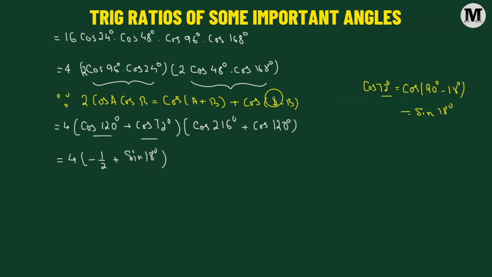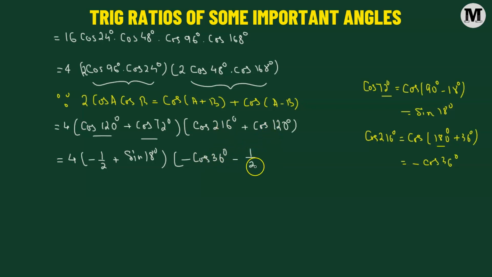Then we have cosine of 216 degrees, which is cosine of 180 degrees plus 36 degrees. Cosine of 180 plus theta corresponds to negative cosine theta, so we have negative cosine 36 degrees in place of cosine 216 degrees. And cosine 120 degrees corresponds to -1/2.